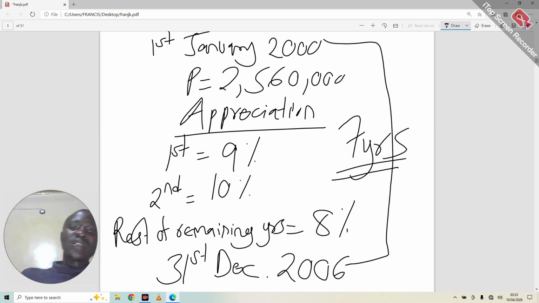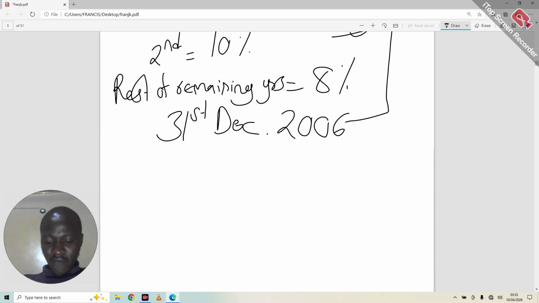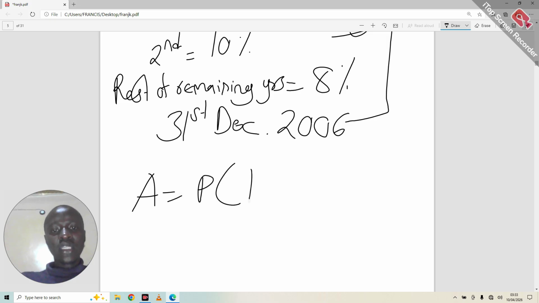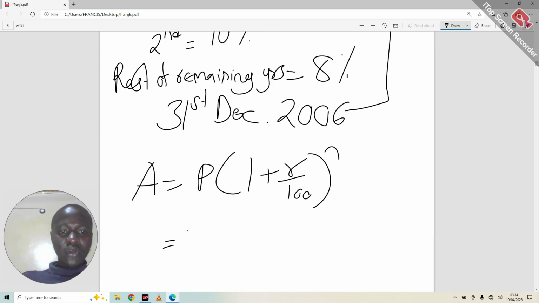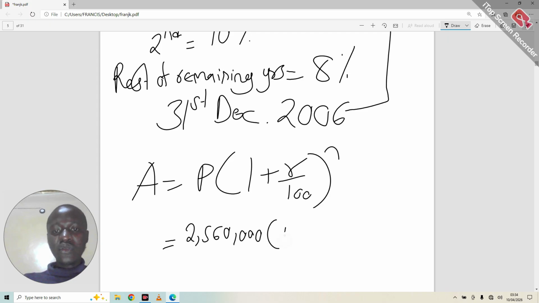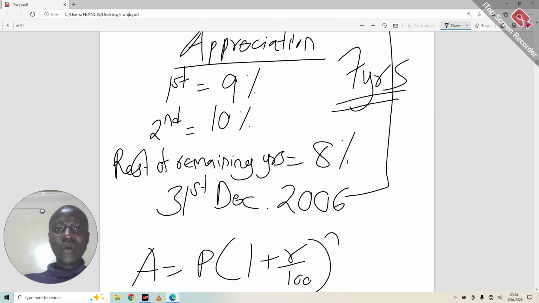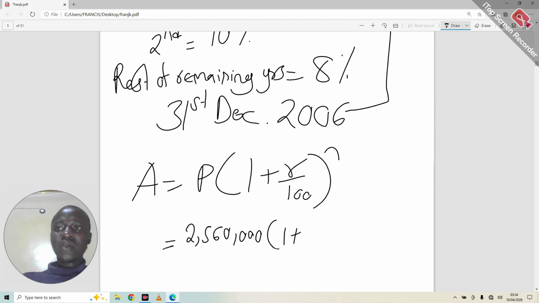Okay. So having that, let's have our formula applied. The question: calculate the value. Value the same as amount. So amount equals principal into 1 plus r over 100. Remember, there was no quarterly or semi-annually thing. So the question is very much direct. So what was our principal? 2,560,000 into 1 plus r. What was our rate? All right, so let me condense this question.